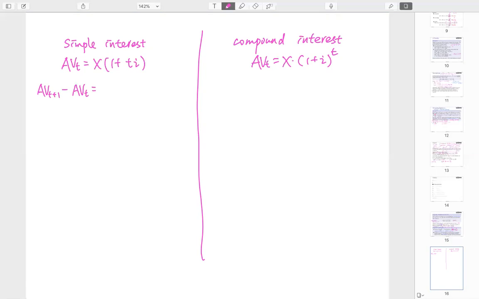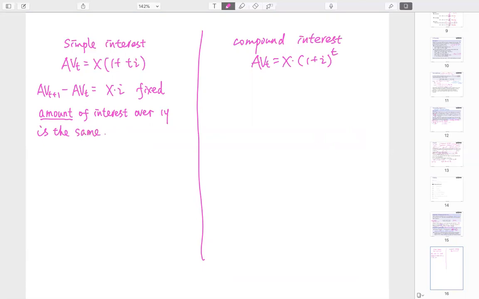Okay, by very, very simple calculation, we get this. So this is fixed, right? Which is a fixed number. So in the case of simple interest, the amount of interest over 1 year is the same.